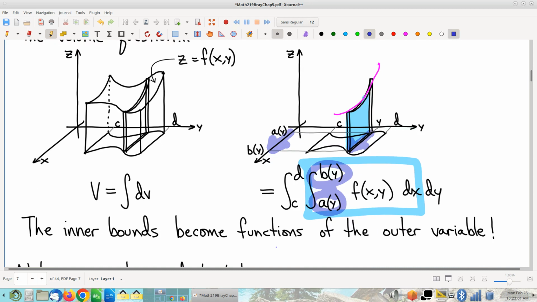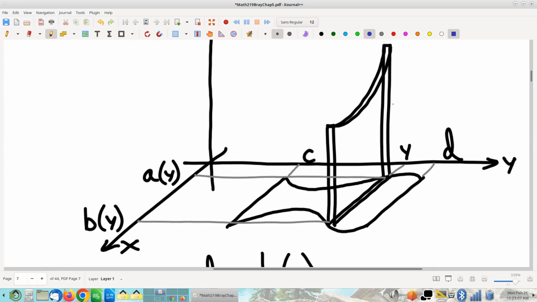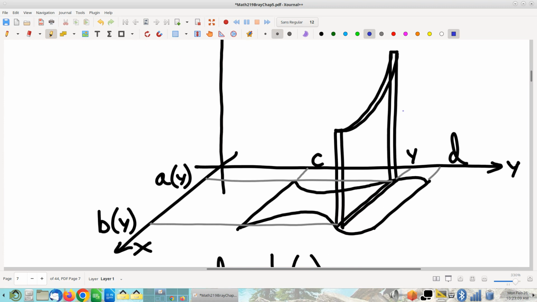Now, let me walk you through why that is. Zooming in so we can see better, looking at this picture here. For, let's say, this value of y, we notice that this point here, in some sense, is where we start with our x integral to compute that cross-sectional area, right? And that point gives rise to this x-coordinate as our lower bound for x.